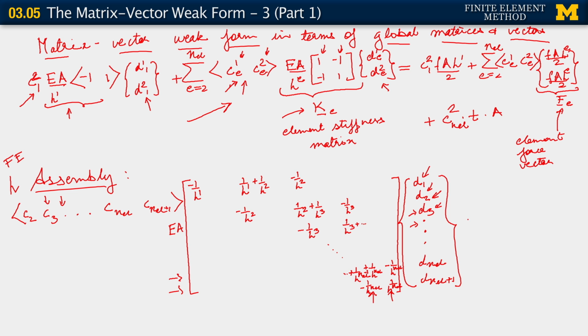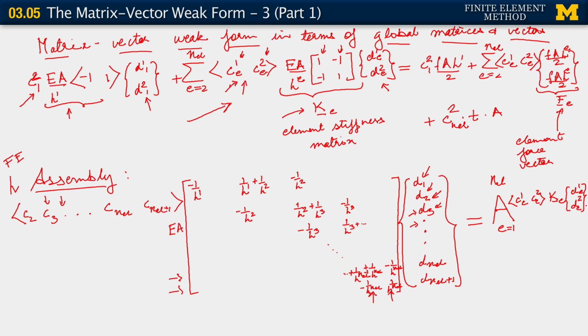What is often done in the finite element literature is to say that this is the result of assembling over all elements, E equals 1 to NEL, contributions of the form C1E, C2E times the stiffness matrix times D1E, D2E.